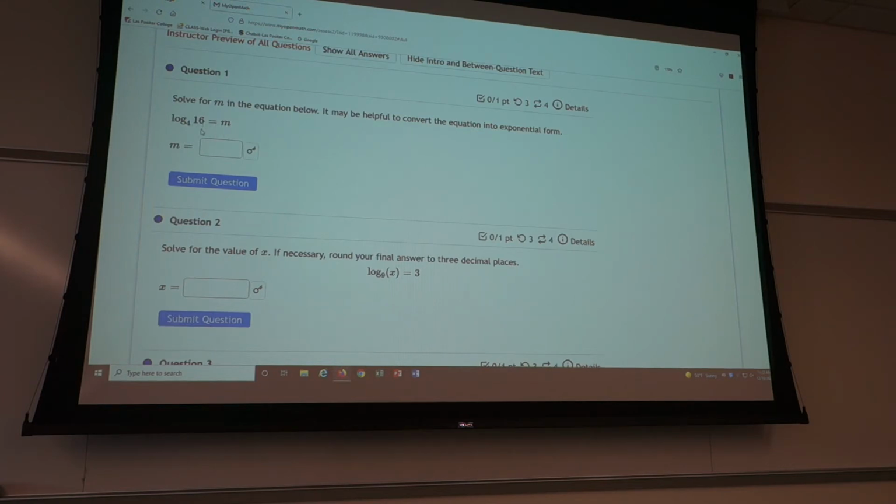Does that make sense for folks? Every time you have an exponent, you've got to sort that through. All right. So 4 to the m equals 16. You need to know that. This is your base. This is your exponent. That's what it equals, and I call it the answer.